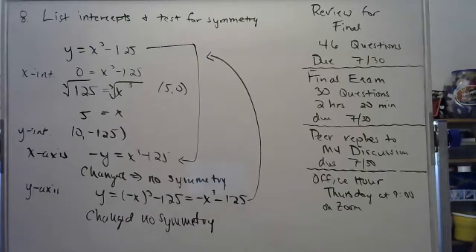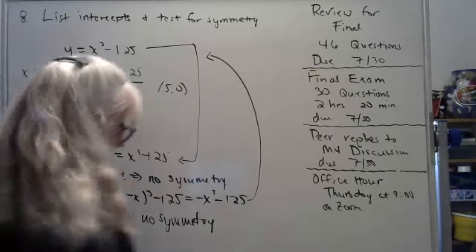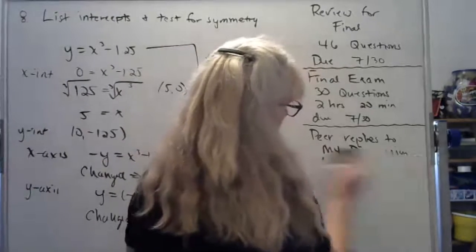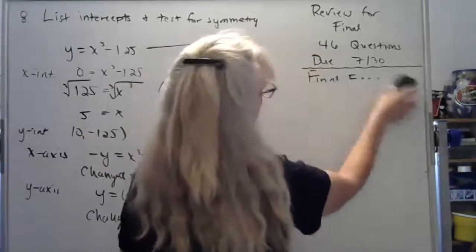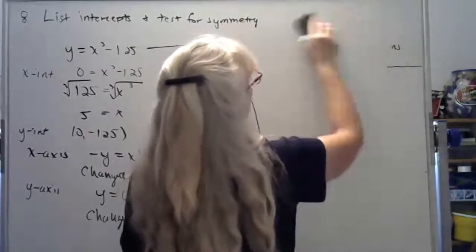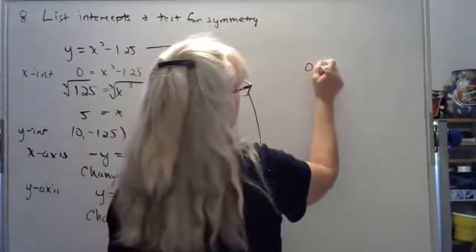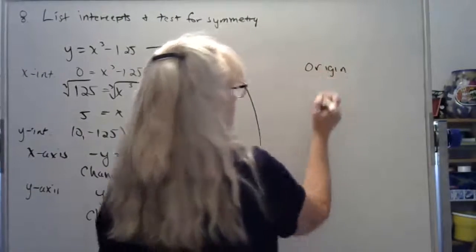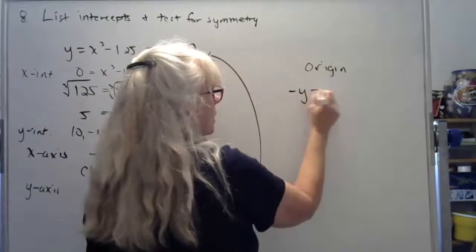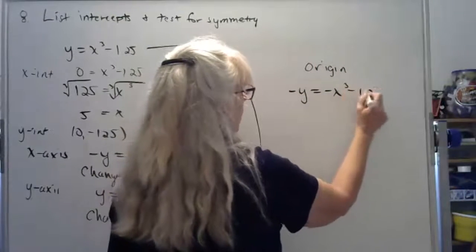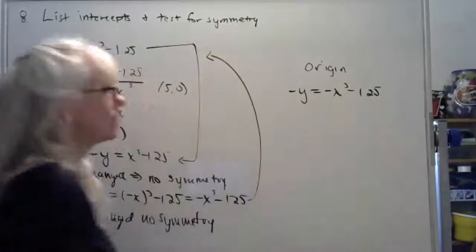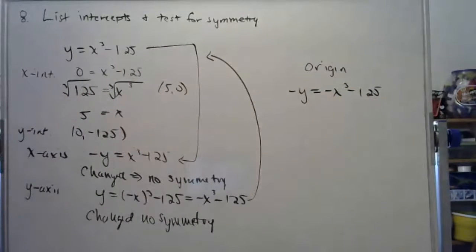Okay, so the only thing left to check is the origin. And it looks like I've run out of room, so I'm going to go erase. So here we're going to replace both the x and the y. So I end up with negative y equals a negative x cubed minus 125.